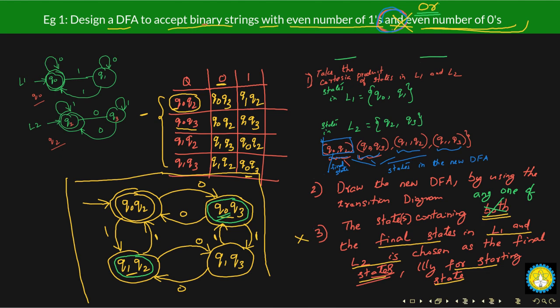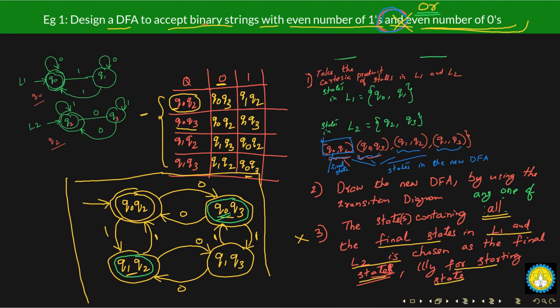I think I should make a slight modification here because I said both the final states. In this particular example it is valid, but for some other examples there can be multiple final states in L1, and also multiple final states in L2. So I should say all final states for the first definition. For more clarity, let me change this: the state containing all the final states in L1 and L2 is chosen as the final state.